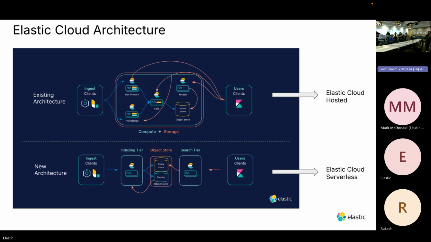And just by looking at the image without even reading any terms, you can see there are so many boxes and it seems a lot more bloated when you look at the picture below, right? Which means there's a lot of complication in that image and the architecture, right? Which means there are a lot of layers where customers have to make a bunch of decisions and manage a bunch of things, right? Whereas if you look at the new architecture of Elastic Cloud Serverless, you see there are no dangling arrows.